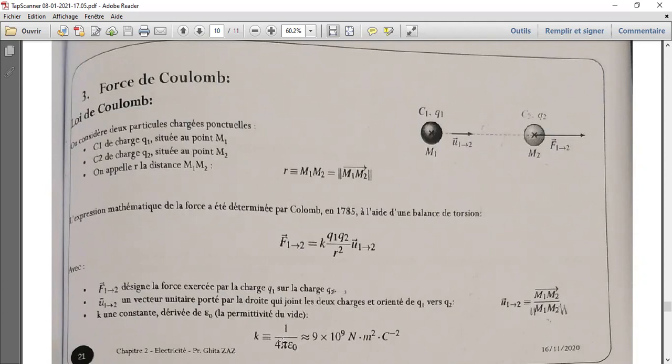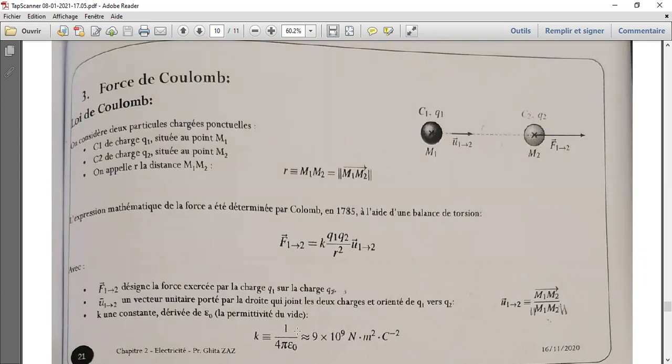This one, 1 over 4 pi epsilon 0, is equivalent to 9 times 10 to the power 9 Newton per meter squared times Coulomb to the negative two. So this is the formula which you have to know.